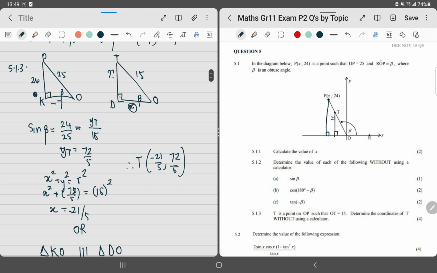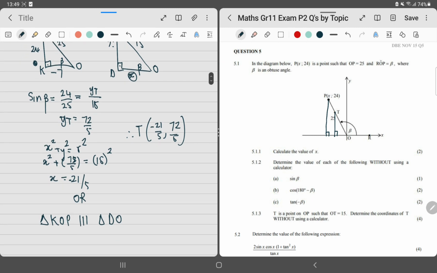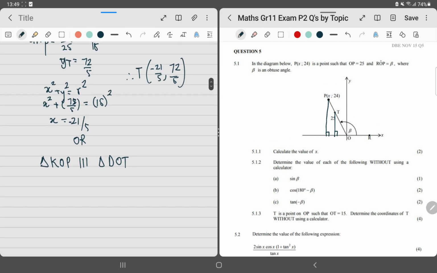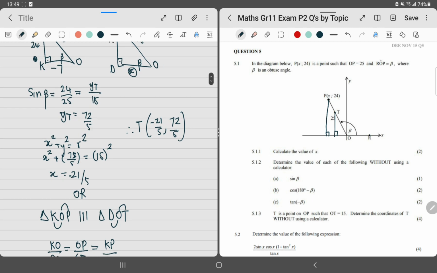This means that P must be equal to T. And then we formulate a ratio. We'll say KO over DO is equal to OP over OT, then we take the first and the last, so this is KP, same thing, D and T. And then we just check our triangles.